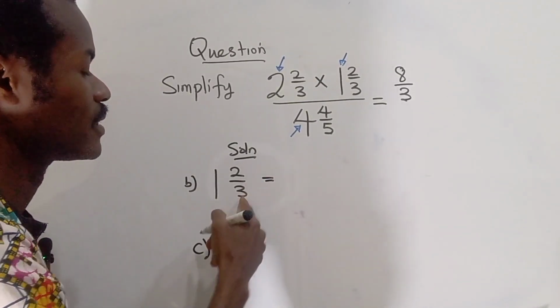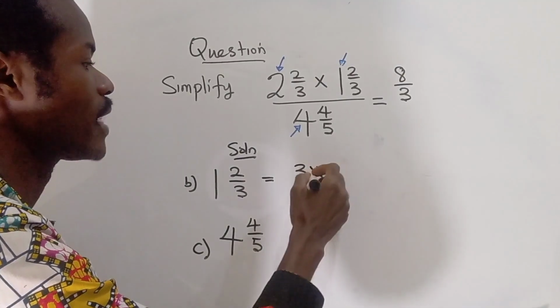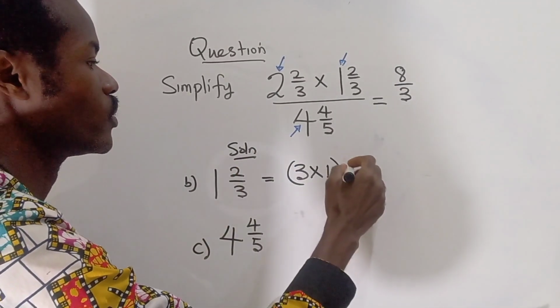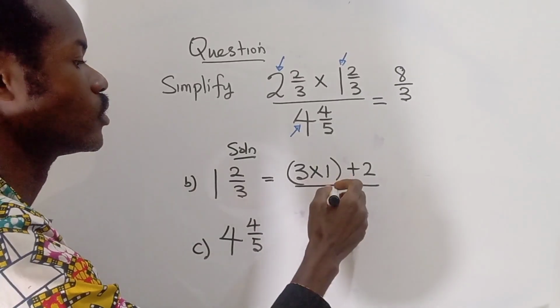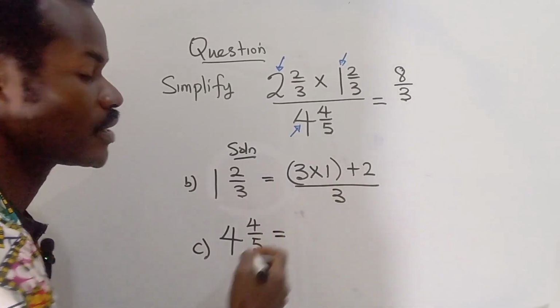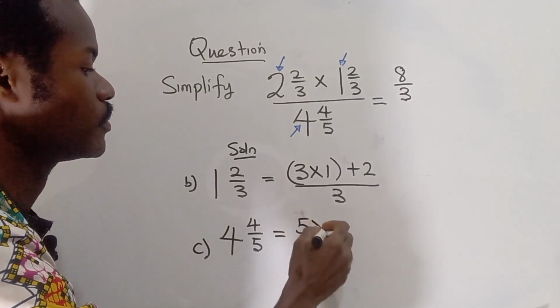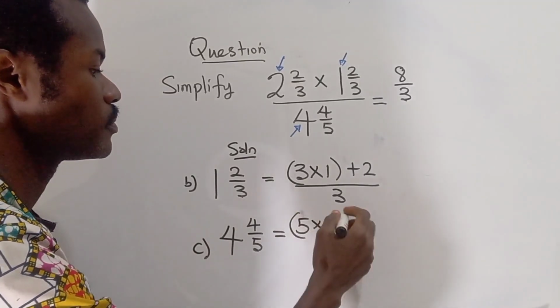So remember we're starting this way. We have 3 coming to the 1, so we multiply by 1. Now coming to the 2, we are going to add 2, and we come back to the 3. Now let's also do this. We're starting from 5 with multiplication by the whole number.